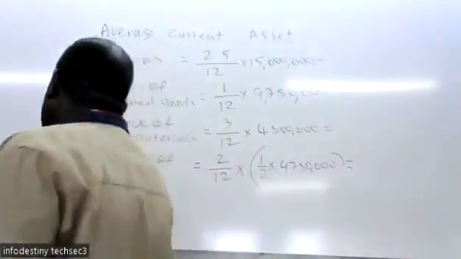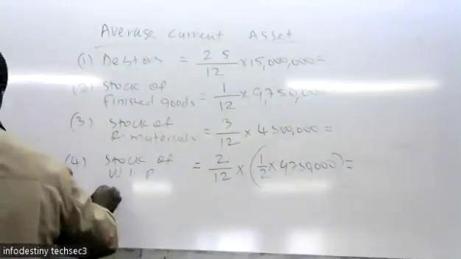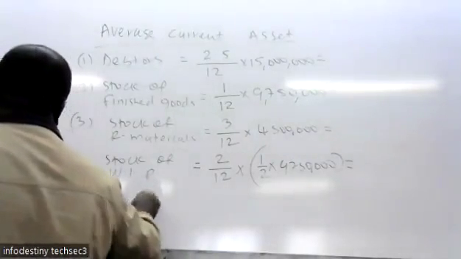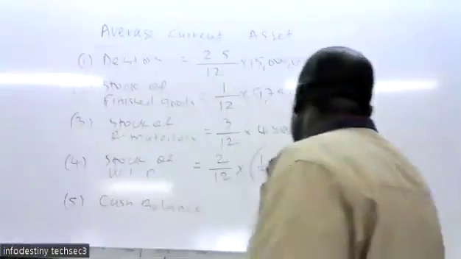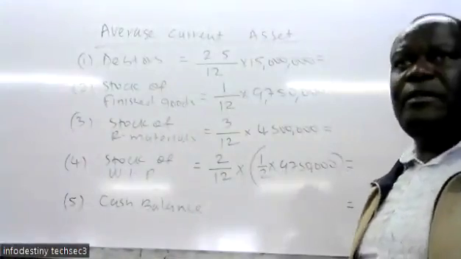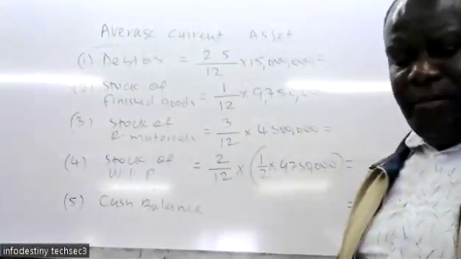So if there was cash at bank or hand, cash balances, it would also have been included. But this question has no cash balance. So I want you to add those 4 items.